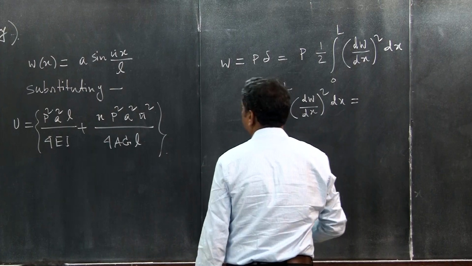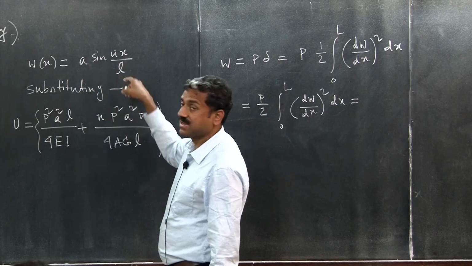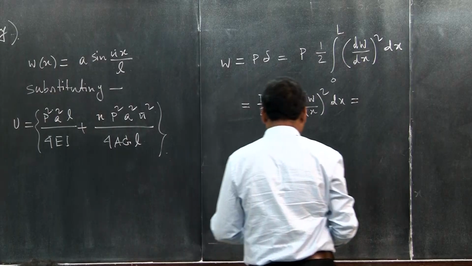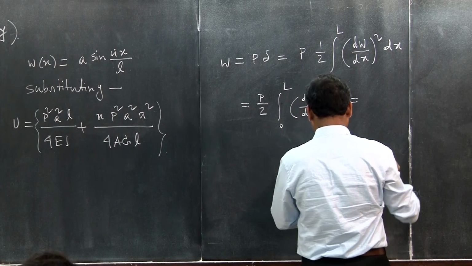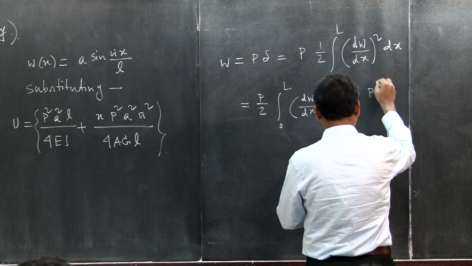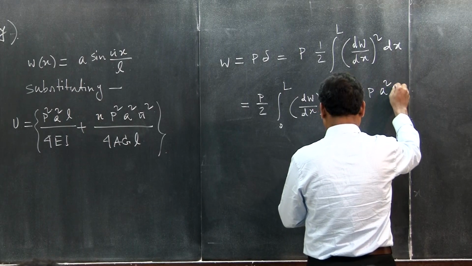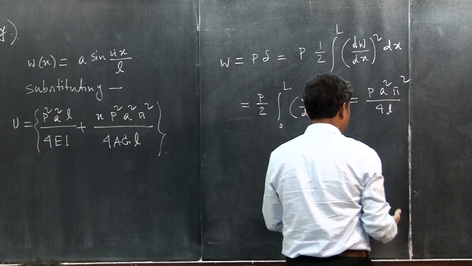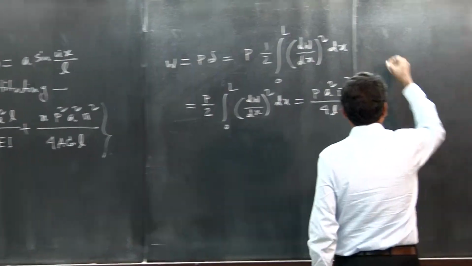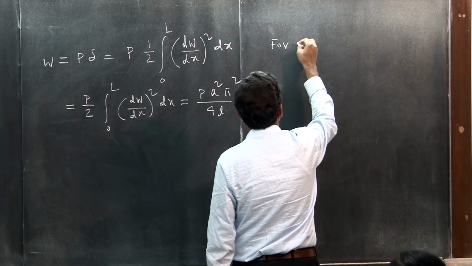So once again we assume W(x) to be a sin(pi x by L), right? Substitute it, and then if you integrate, you will get P square pi square by 4L.